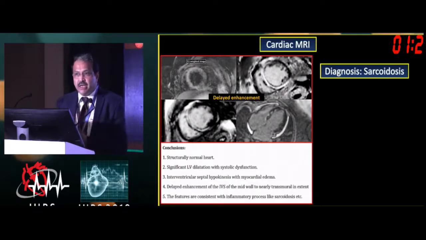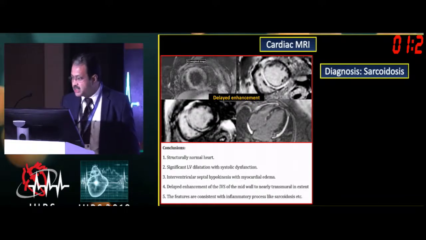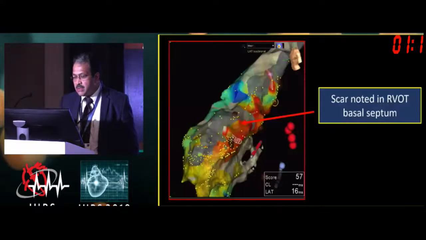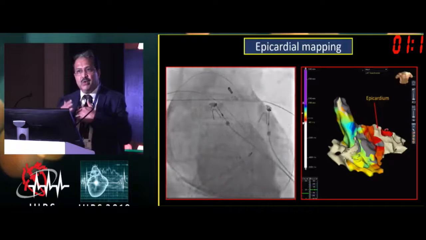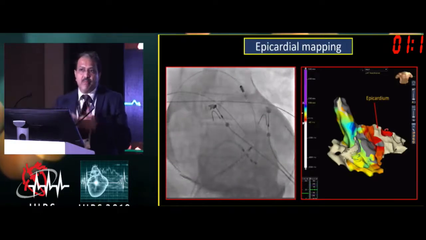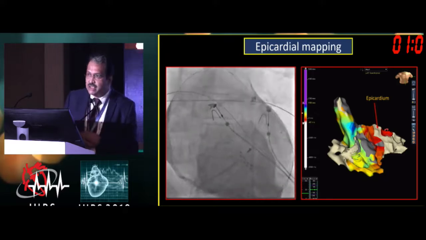MRI delineated the scar to be typically located epicardially, in addition to, of course, a septal scar. In addition to in and around the septal zone, we needed to do a little more work because the MRI suggested this epicardial and subepicardial zone.